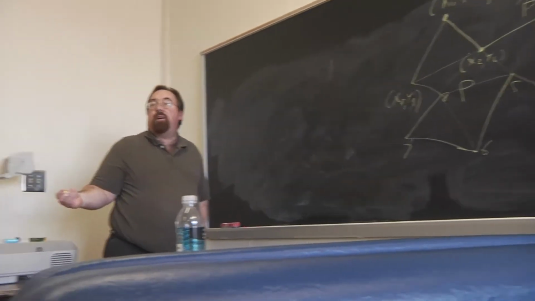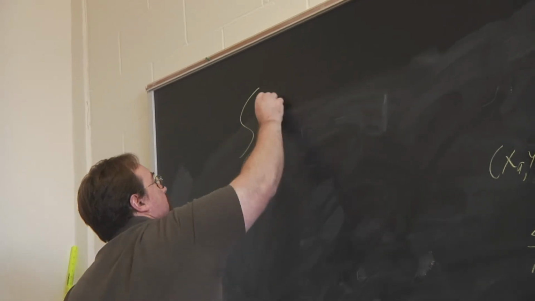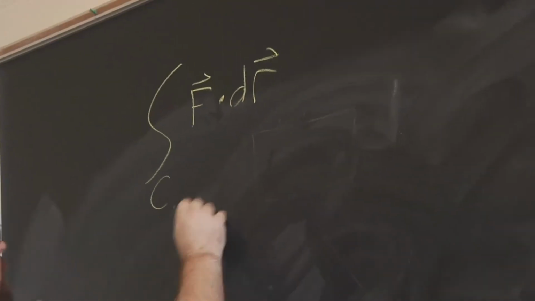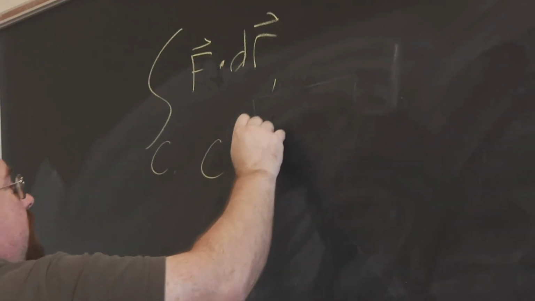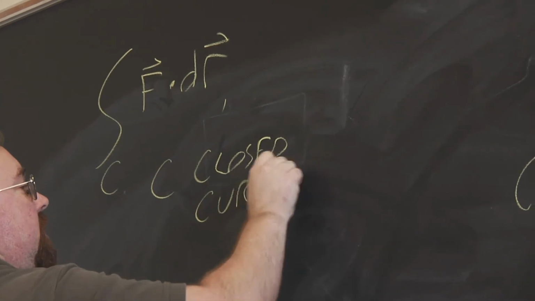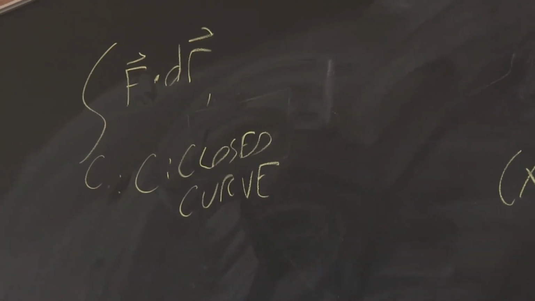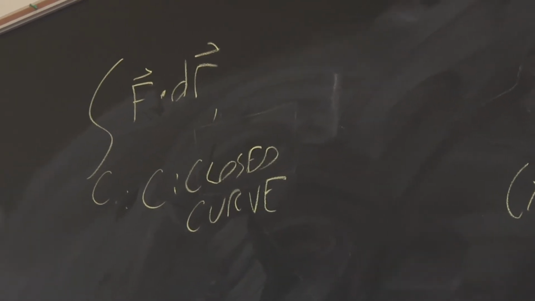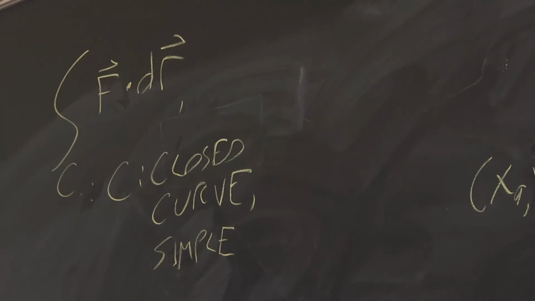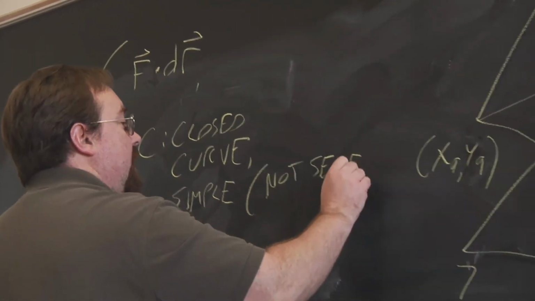Now, Green's theorem stems from trying to compute line integrals that we've been talking about lately, where C is a closed curve, and I'm going to give it a few other properties too. It's also going to be called a simple closed curve. In other words, it does not intersect itself.